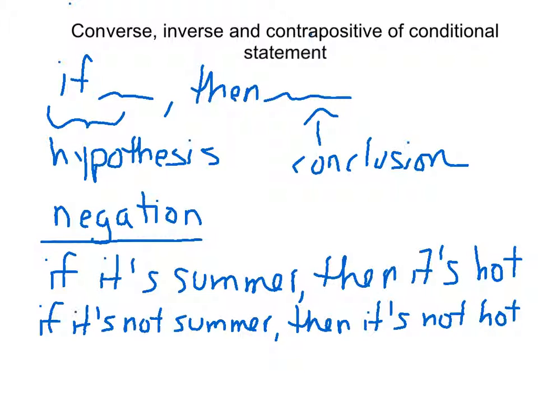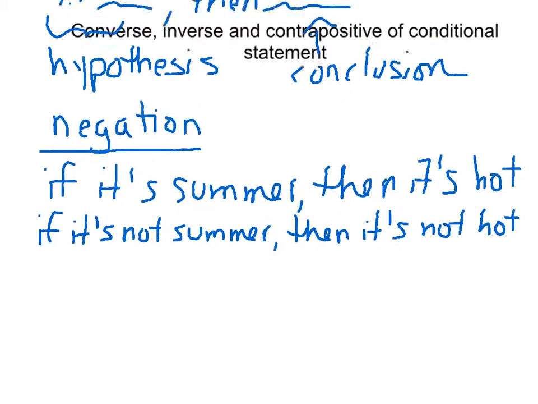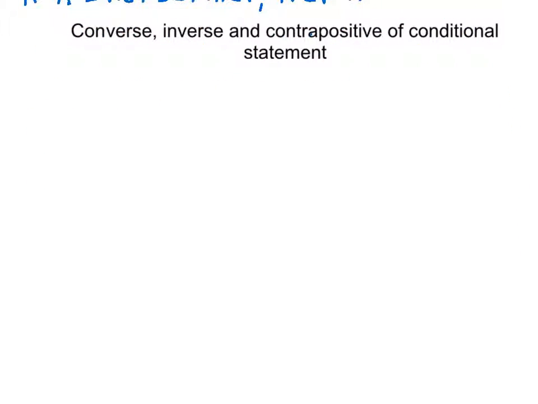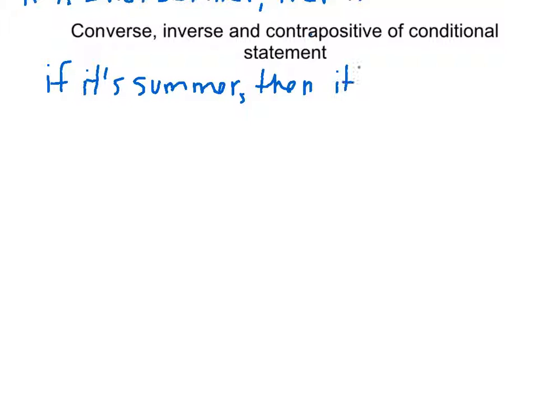All right, let's learn a couple about these. Let's figure out what converse, inverse, and contrapositive is. Let me slide this up. All right, so if, I'm going to write it again, if it's summer, then it's hot. Which isn't necessarily true.